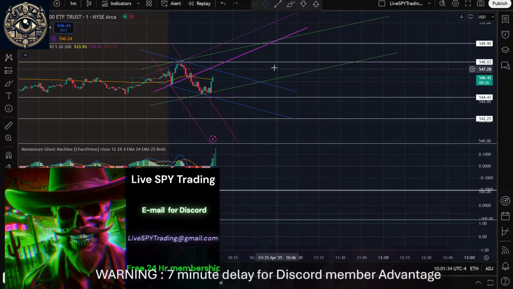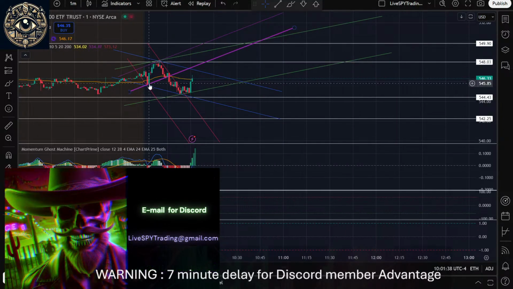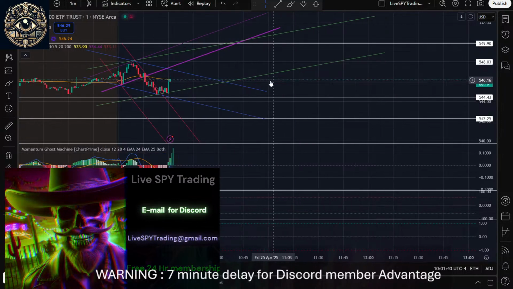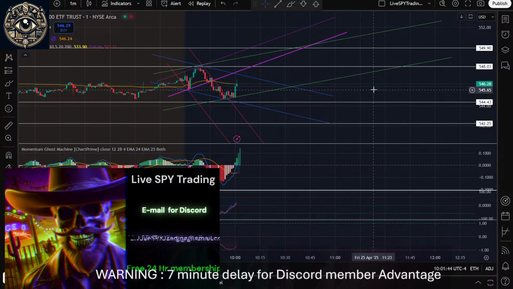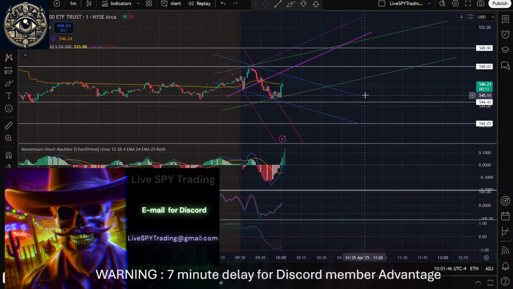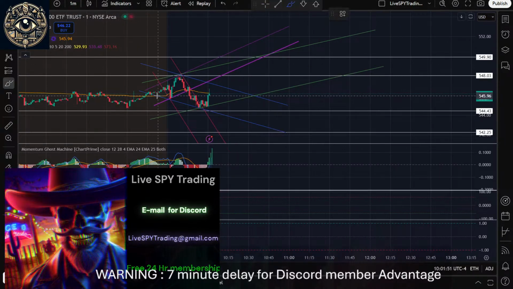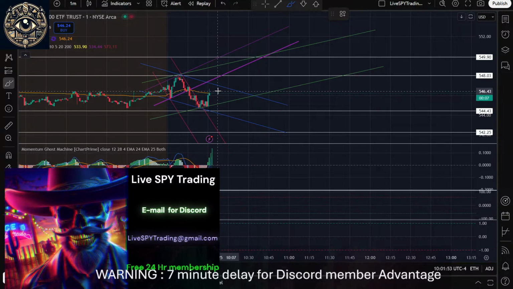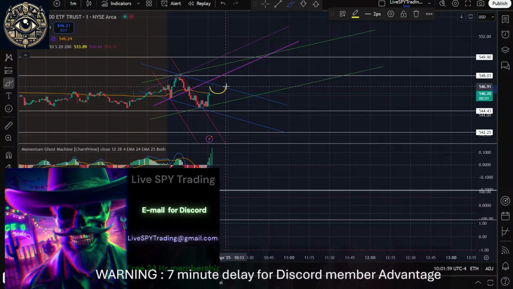And then right back to VWAP, right? Let's wait for the next setup. Let's see what that should look like. It's going to be a play off of VWAP like this.